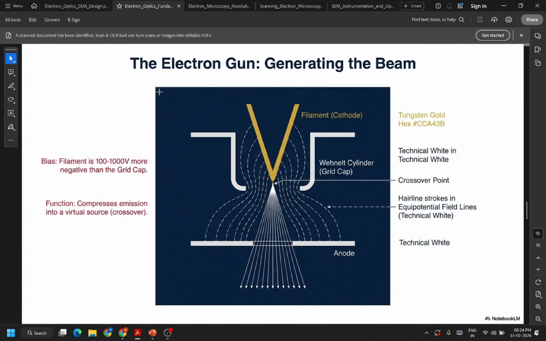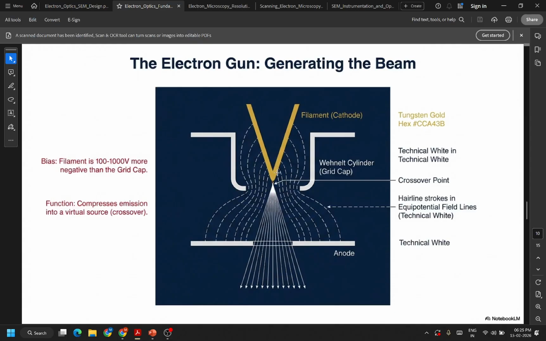So next we come to the electron gun, which is used to generate the beam. Here you have a filament which is your cathode, and you have an anode aperture below. The potential difference between your cathode and your anode is called your accelerating voltage, and that is used to determine the speed of your electrons.